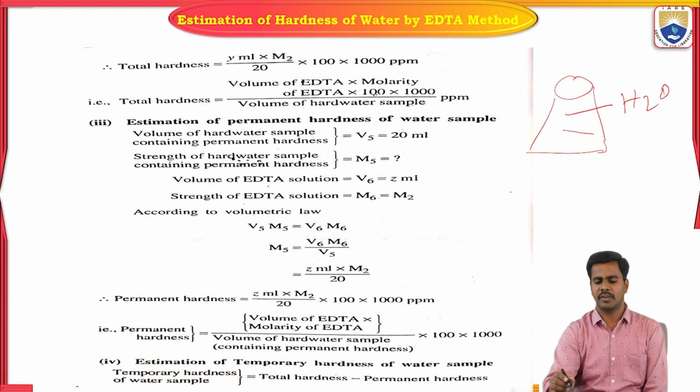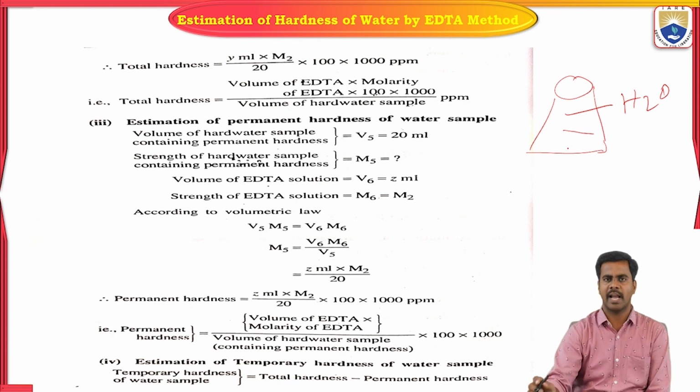Why? Because we are going to estimate permanent hardness. When you boil the water, whatever temporary hardness producing salts are present in the water will remain as precipitate. So that's why, before adding EBT indicator and buffer solution, first we have to heat the conical flask.